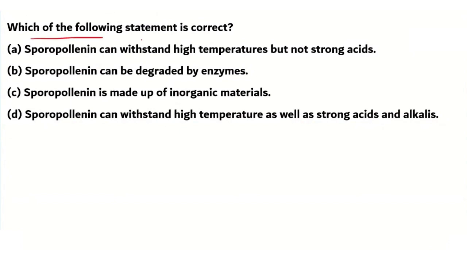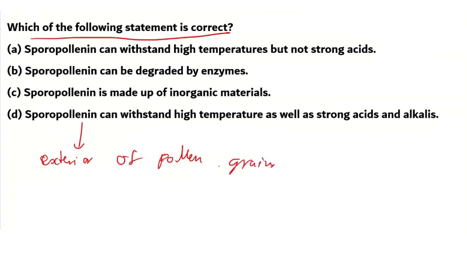It says, which of the following statements is correct regarding sporopollenin? So a brief introduction: sporopollenin is the material that is present in the exterior of pollen grains. So this sporopollenin can be easily fossilized because it does not degrade at all.